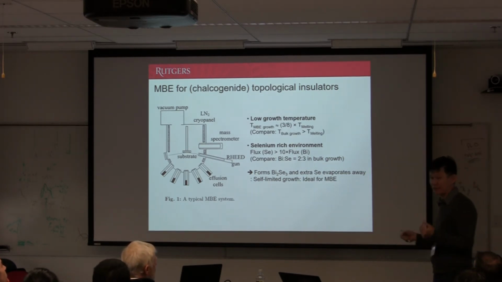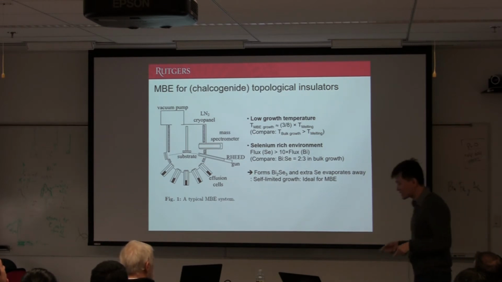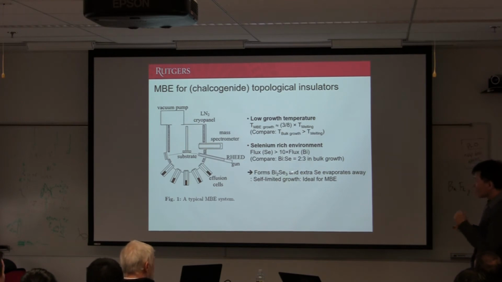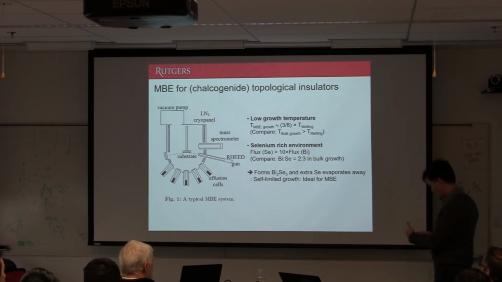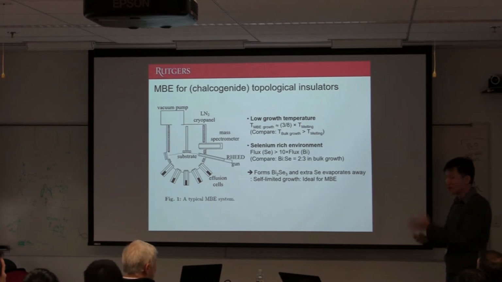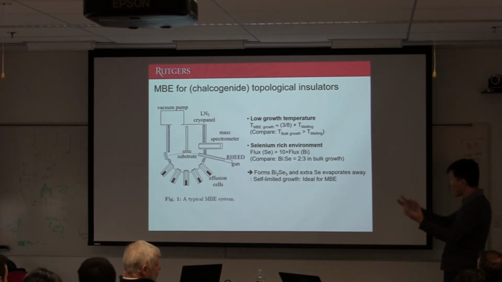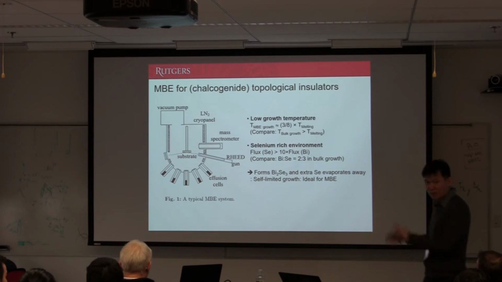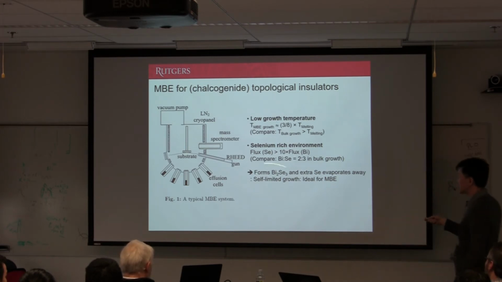What this means is, let's say we want to grow bismuth selenide, then the only question is how can we achieve this 2 to 3 stoichiometry? When you are making bulk crystals, you weigh bismuth, you weigh selenium, whatever the weight, then you mix them and heat them up, and you make the 2 to 3 compound. You have to mix them in a close mass ratio.